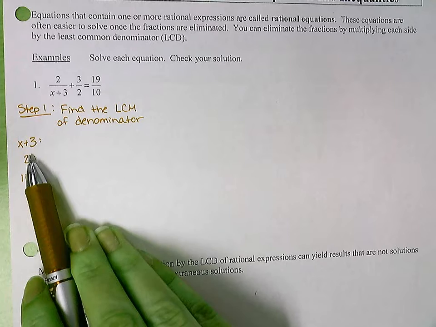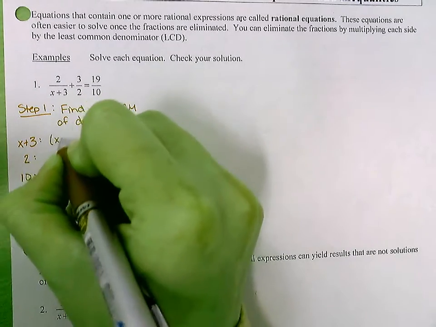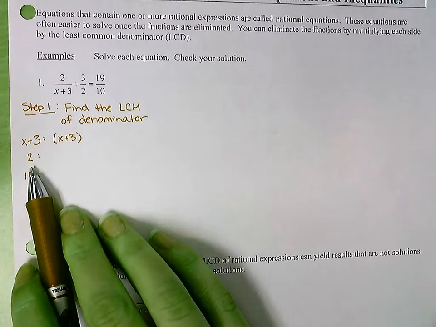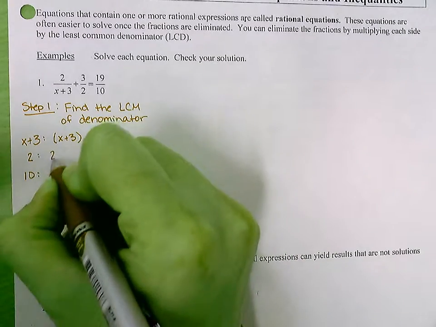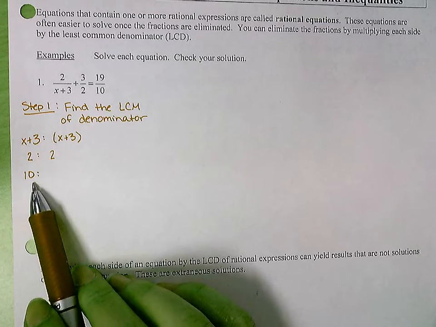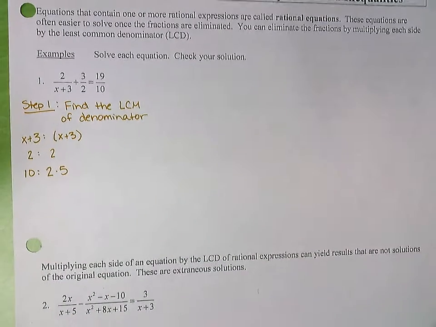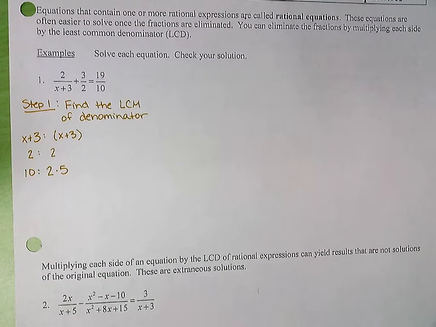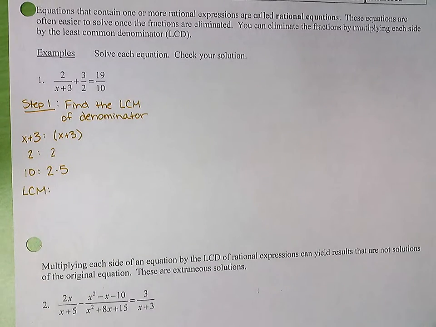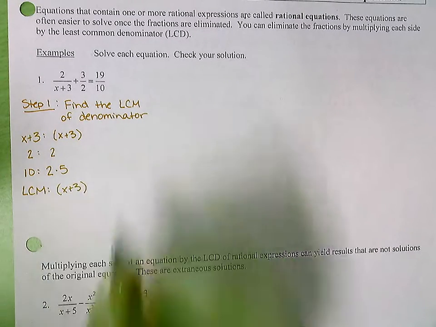Okay, x plus 3, I can't factor, I can't simplify, so that one will stay as x plus 3. 2 is prime. There's no other numbers that go into it, so that will stay as 2. Now 10, I can factor that one out, so I have 2 times 5 for 10. So now finding that LCM, we'll take our first term here, which is x plus 3.